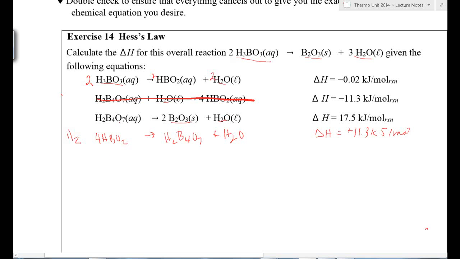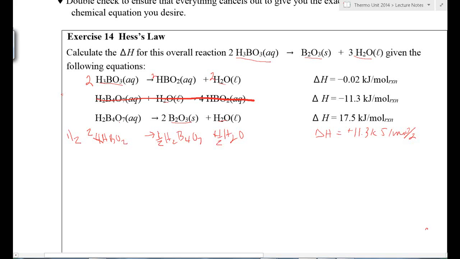Okay, when I do that, I end up with 2 of that, 1/2 of that, and 1/2 water. And I have to be careful because I want to divide this by 2 now. Make sure I'm adjusting the enthalpy as a result.